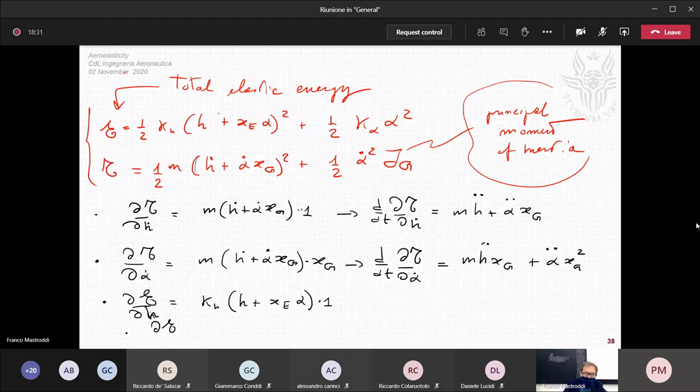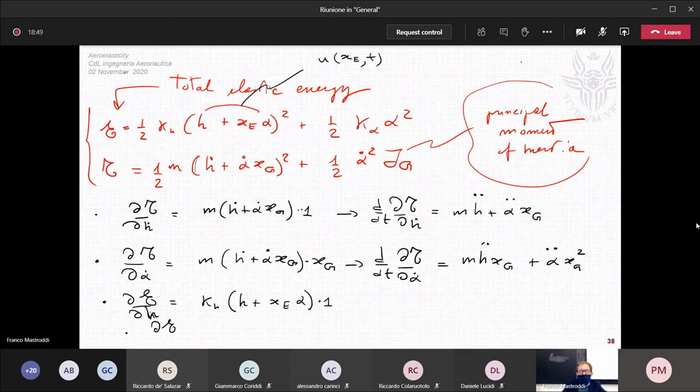This is the coordinate of the elastic center. This here is u at the xe point at any time.